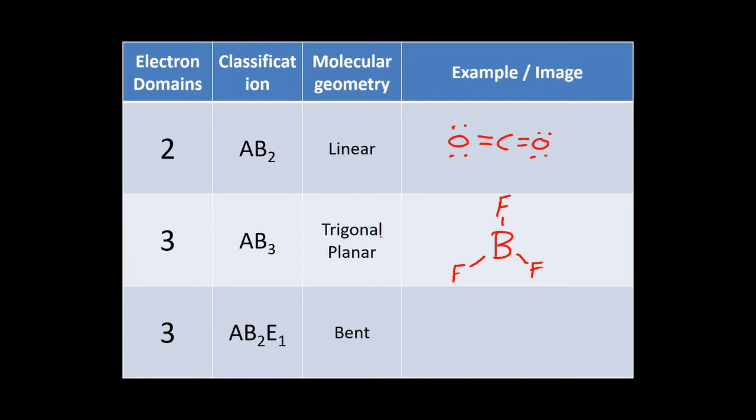This is when being in class and having a model to show you would work really well, but I'm going to have to do the best with what we have. I would encourage you to go to your book, and they have some images of 3D shapes there that will hopefully help you visualize the actual shapes that we're going to be seeing here. But boron trifluoride is 3 things bonded to the central atom, and they're all 120 degrees apart, and they're all in the same plane together, and so that's where it gets the name trigonal planar.